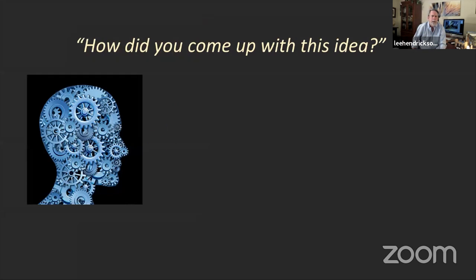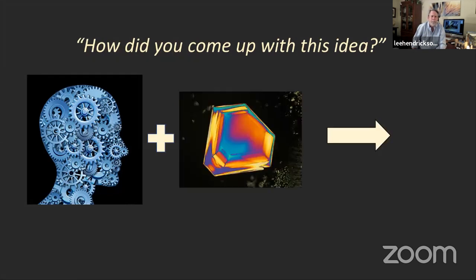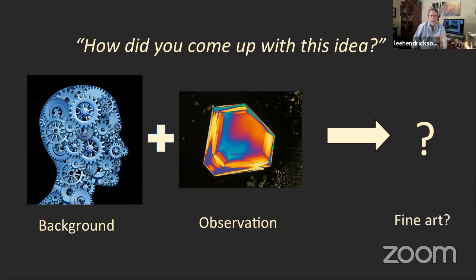But when we look at how I came up with this idea of photographing crystals, I took my background as a research scientist and I took an observation, and that was that crystals under the microscope could be very beautiful. I knew that many, many years ago, and the next question was, could I make this into fine art?